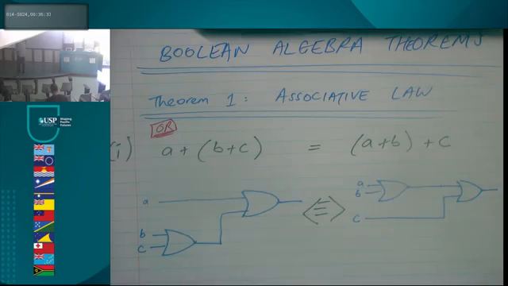On the right-hand side, you again have two OR gates, this time wired up in a different manner. So when you are rewriting or reducing Boolean algebra, you are actually changing something at the hardware, and eventually our objective is to reduce the number of gates or simplify the gates as much as possible.